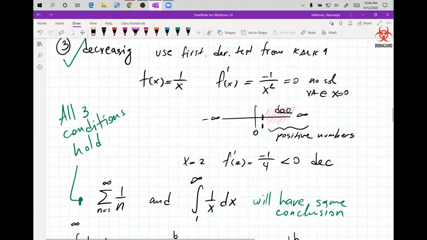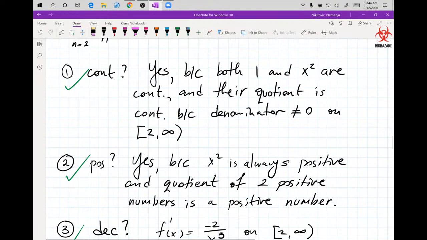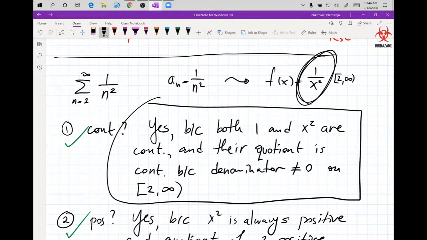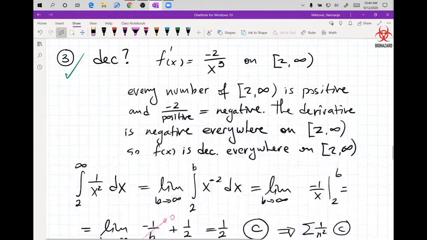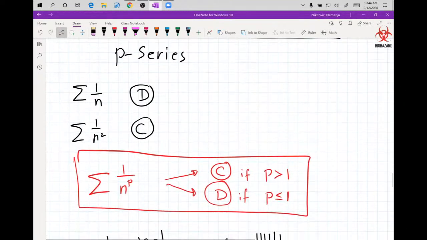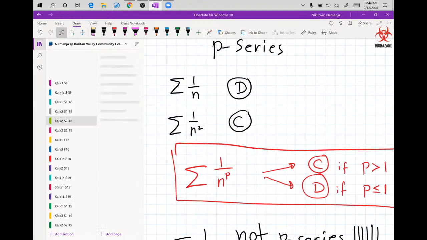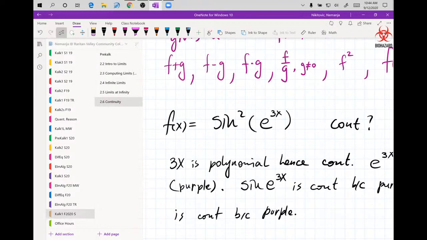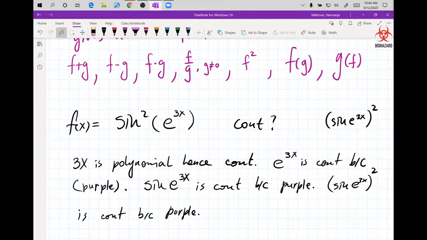Yes, it is, because it's an easy function. Is this continuous? Here is the answer. Yes, because both 1 and x are continuous and their quotient is continuous because the denominator is not 0, and so on. So we are using this to solve our problems, and you will be using these theorems later on. So the more you learn now, the less you will have to relearn and review later.